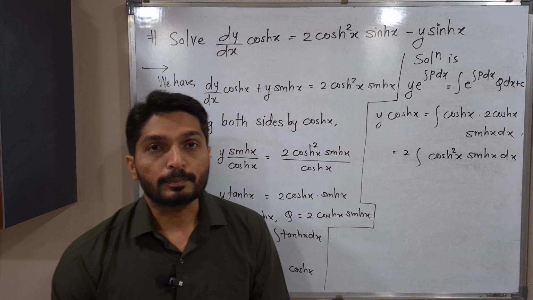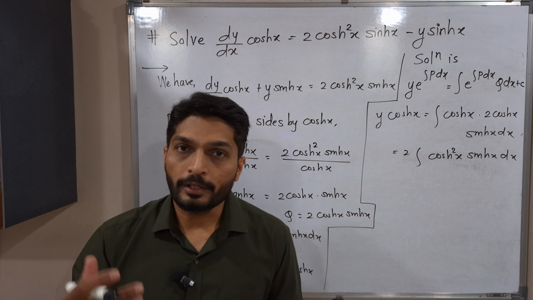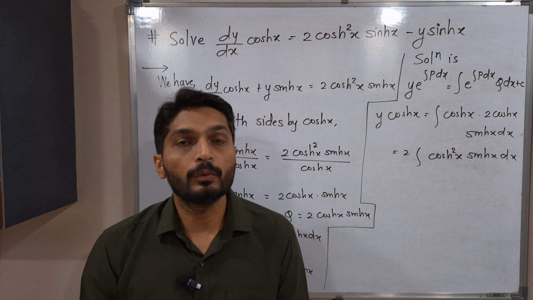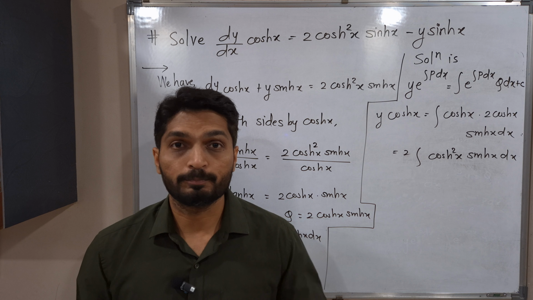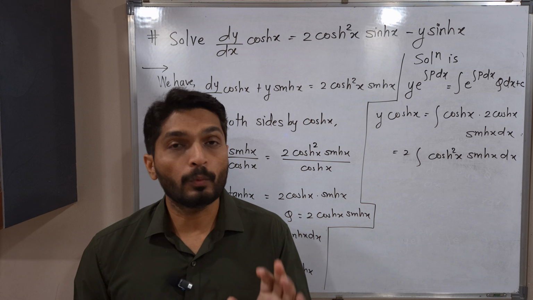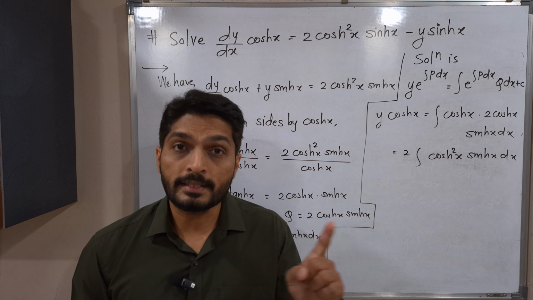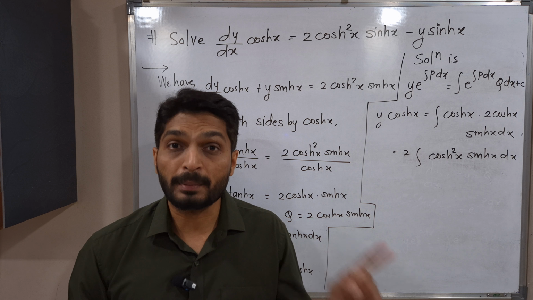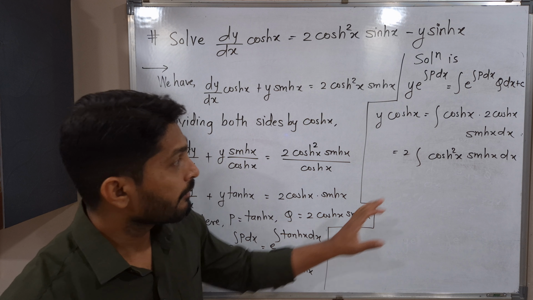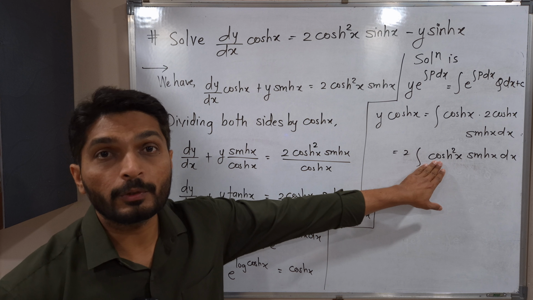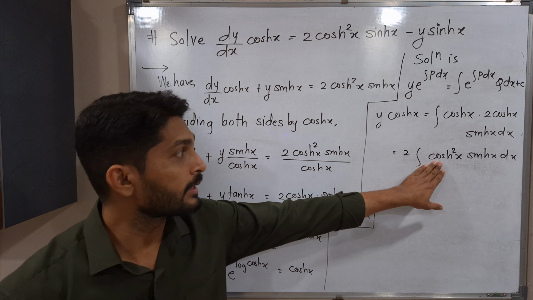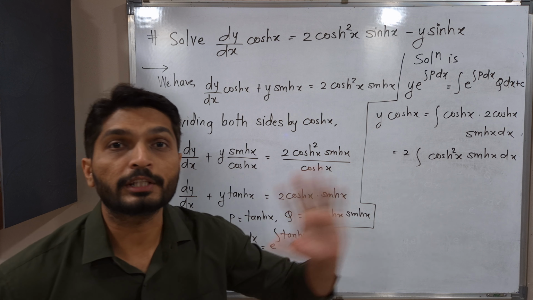Second option is substitution. In last videos I have already told you how to identify what I need to put. The simple technique is, whatever you are going to put, its derivative should be adjustable or it must be present near to it. If I put hyperbolic cos x equal to t, its derivative is hyperbolic sine, which is just next to it.